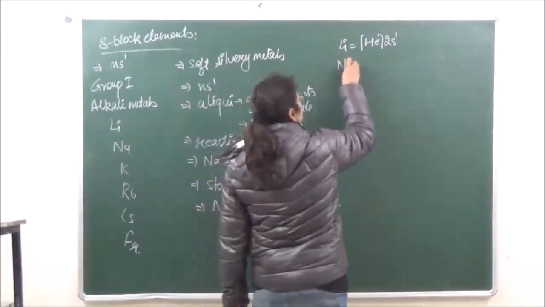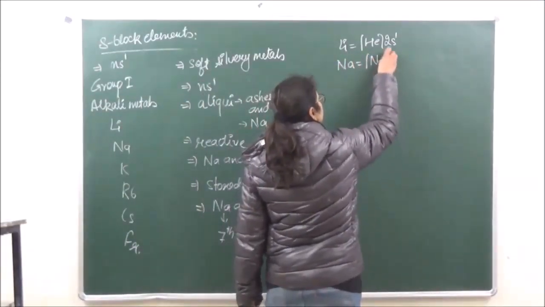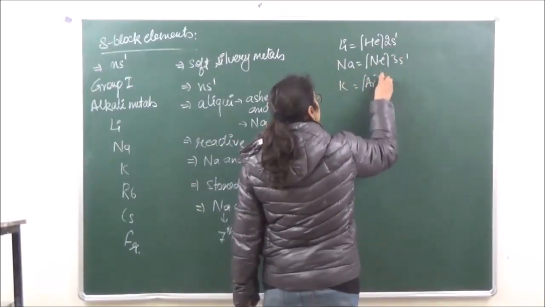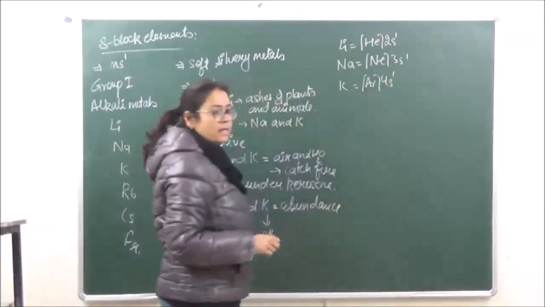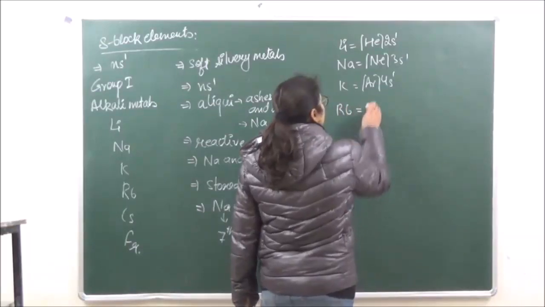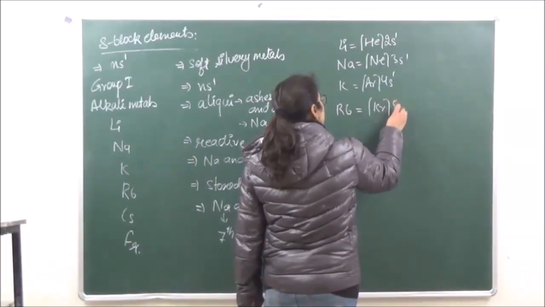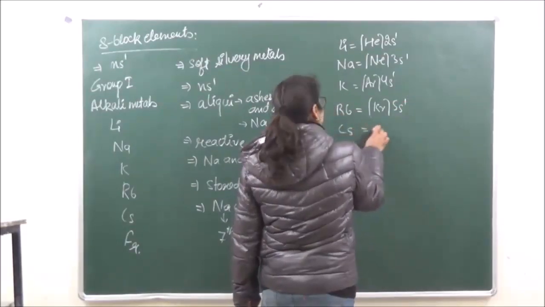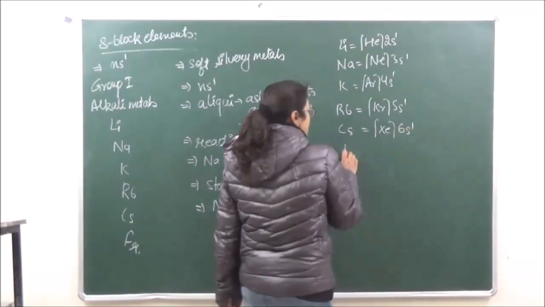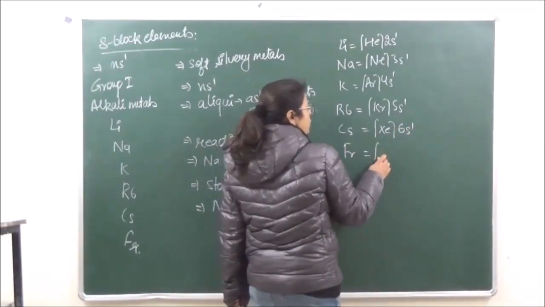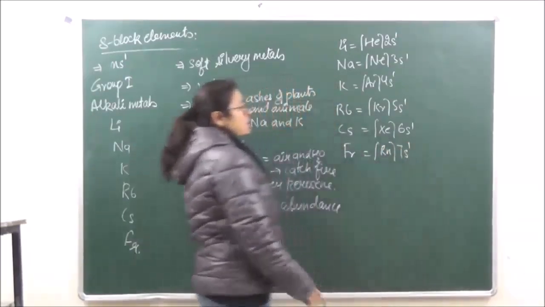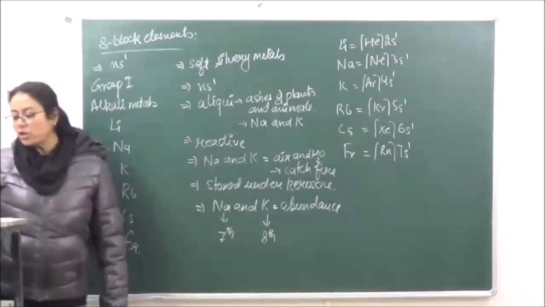Then we have sodium, neon 3s1, potassium, argon 4s1, after potassium comes rubidium, krypton 5s1, then we have cesium, xenon 6s1, and francium, which is going to be radon 7s1. So this is the electronic configuration.